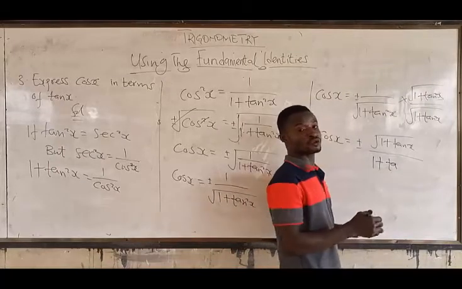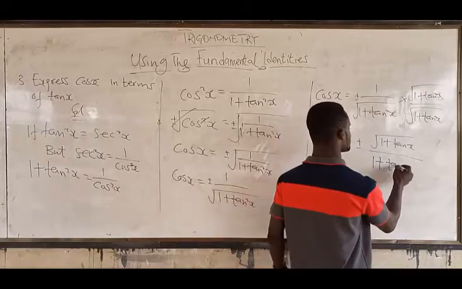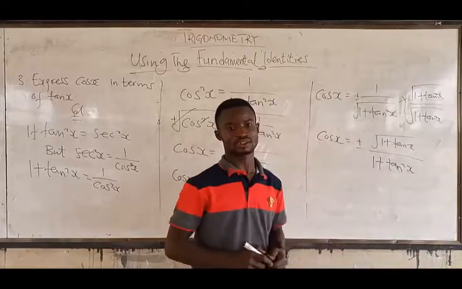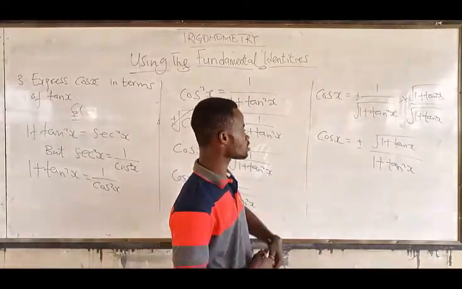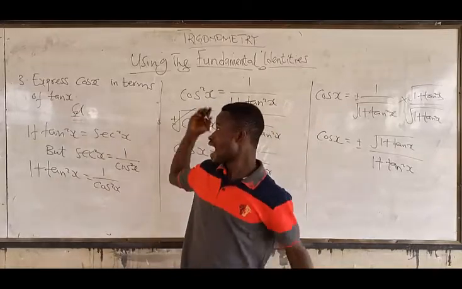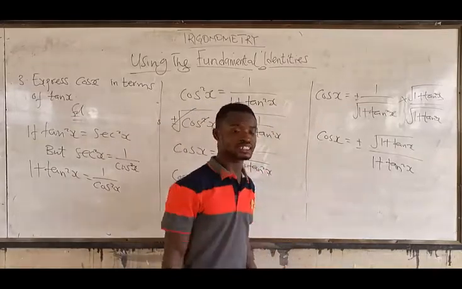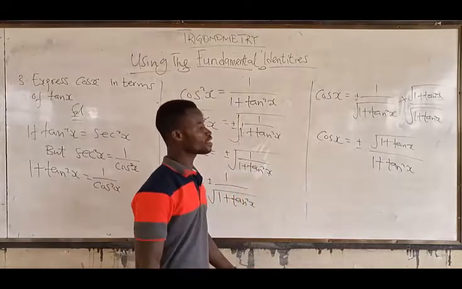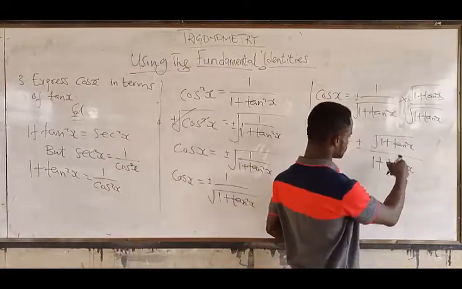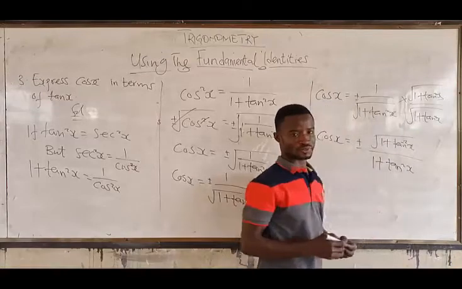So it's like square root of a times square root of a. You get only the inside. Very good. So this is going to be the final result for that. And you can see that this is an expression of cos in terms of tan x. Very good. In terms of tan x.